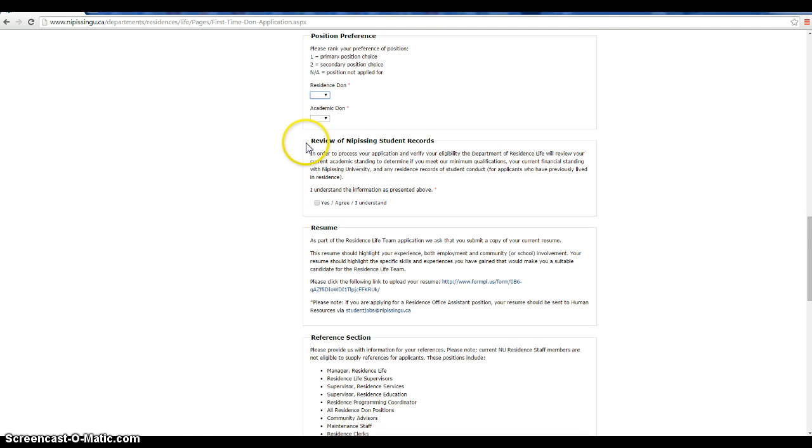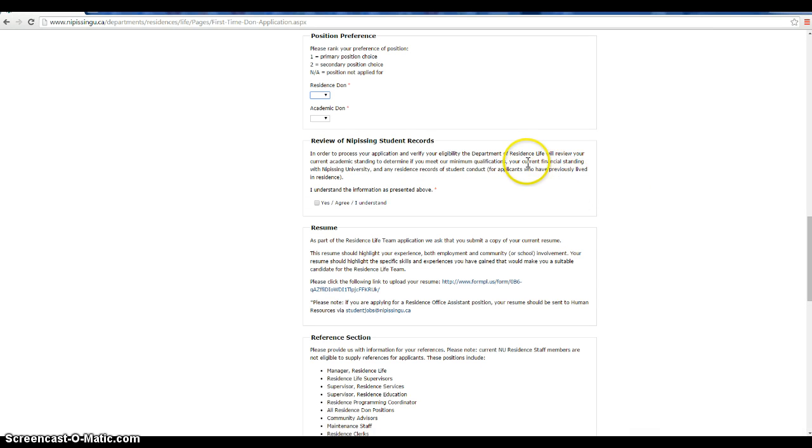Below, we are asking you to understand that we will need to review your Nipissing student records for you to be able to be a part of our staff. What this means is we will be able to review your current academic standing to determine if you meet our minimum qualifications that are outlined in the job description.